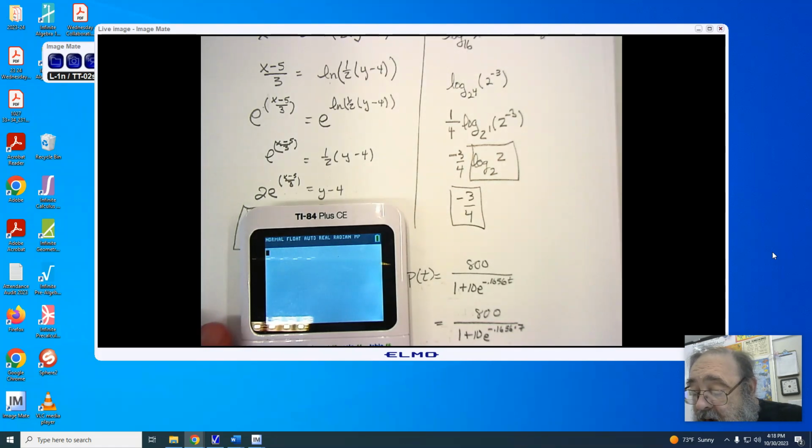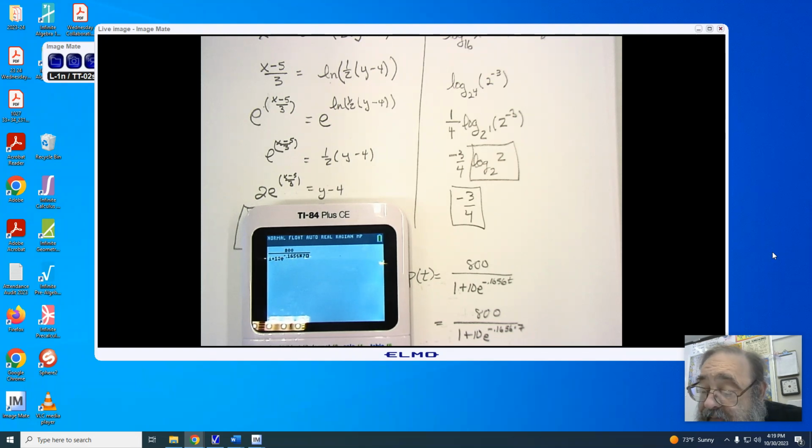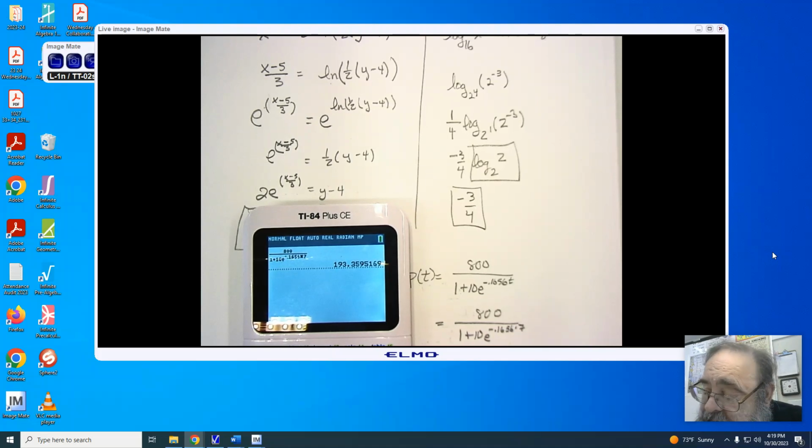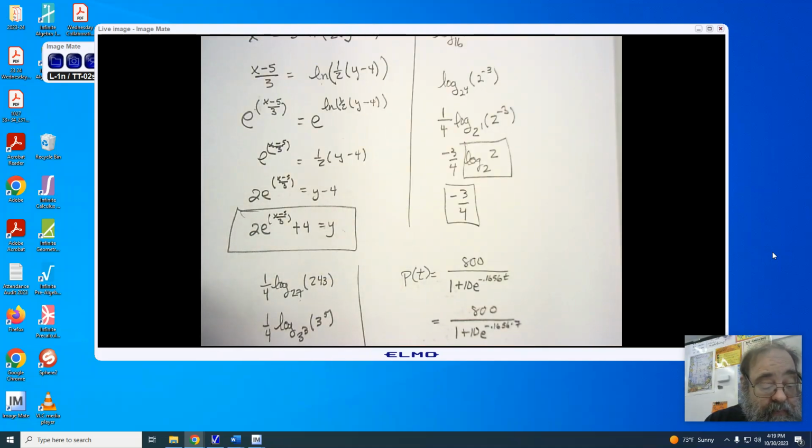So I get, for my fraction, 800 over 1 plus 10 e to the power of negative 0.1656 times 7. We hit enter, and we get 193 creatures. So 193 animals are present on the animal preserve.